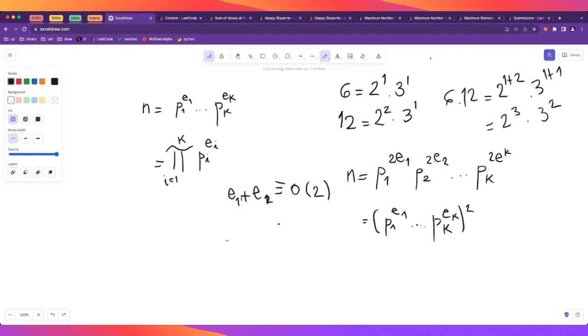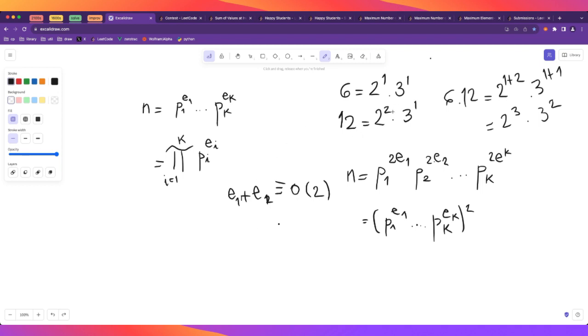So that means that for every prime, the parity of the exponent must be equal in both numbers that we're multiplying. That is interesting.